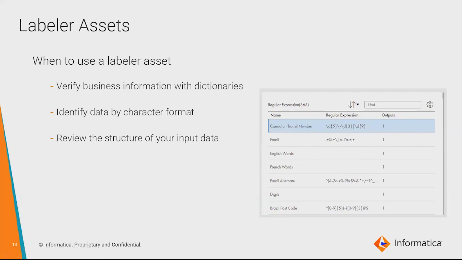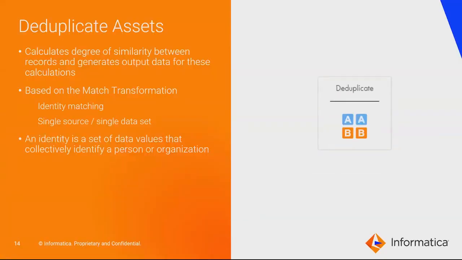Moving to the next assets, deduplicate assets. In the deduplicate assets, like the name is mentioning here, right? You can calculate the degree of similarity between records, and you can generate the output based on this calculation, or you can also get the match accuracy as well.